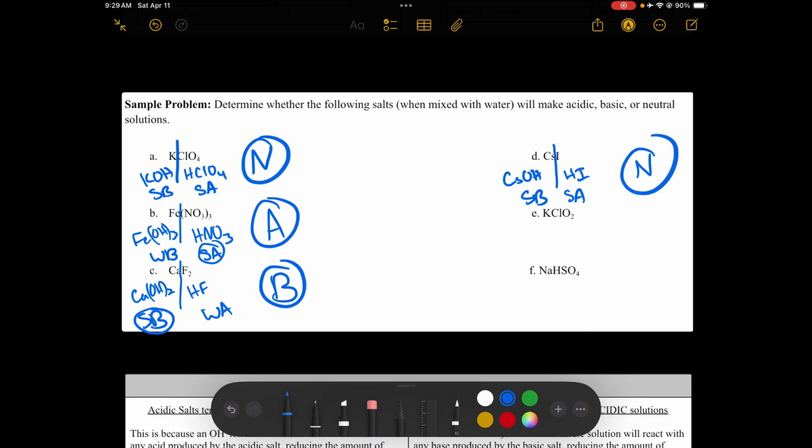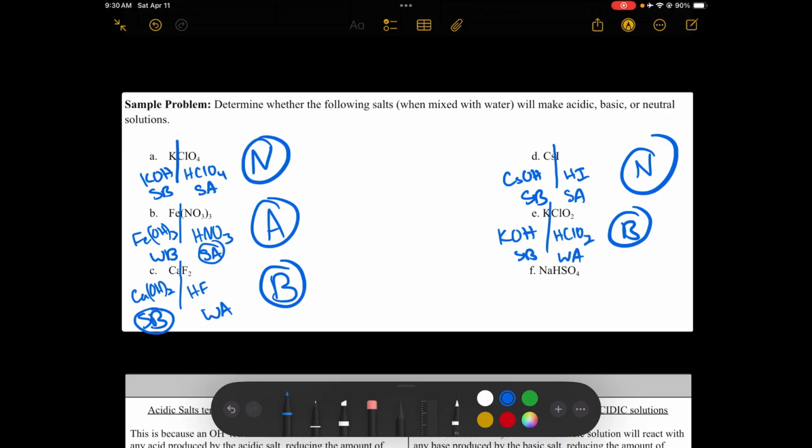So that guy is going to be a neutral salt because strong and strong neutralize each other. KClO2, we've got KOH, which is a strong base, and then we've got chlorous acid, which is not a strong acid. That is a weak acid. I know because, again, the table. So that's going to be a basic salt overall.